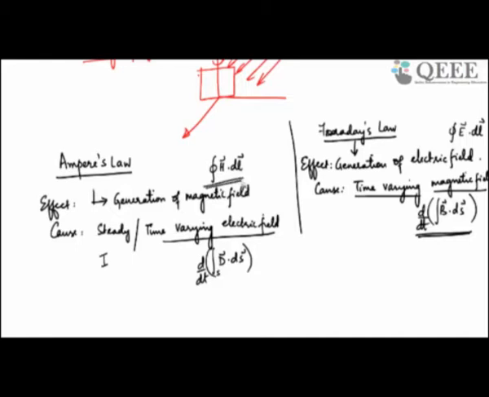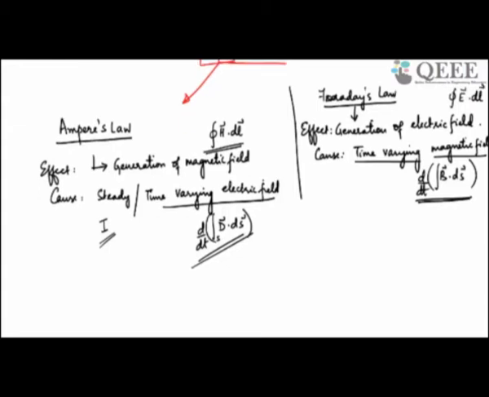So, H dot dl should have a source not just I, it should also have a source from d by dt of the surface integral D dot ds. Biot-Savart's law talked about generation of magnetic field from steady current. But I am going to generalize this and say that the loop integral H dot dl is equal to I plus d by dt of the surface integral D dot ds. This is the most general form of Ampere's law.